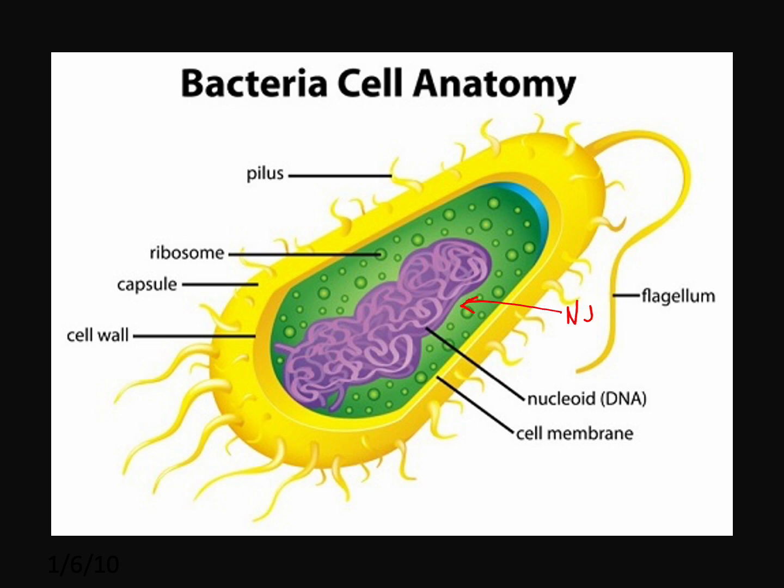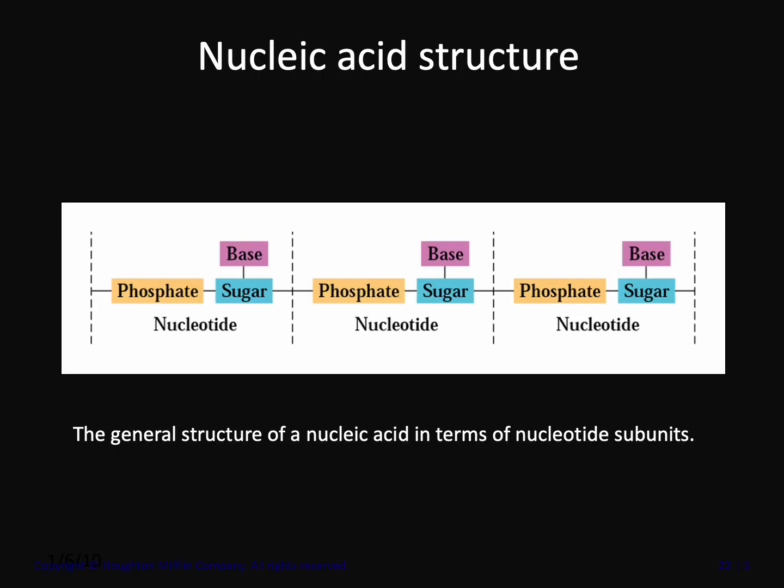There is no membrane around this genetic material. So it's called a nucleoid, not a nucleus. Make sure you remember the distinction between those two. Prokaryotes have a nucleoid region without a membrane. Eukaryotes have a membrane-bound region around their genetic material, called a nucleus.